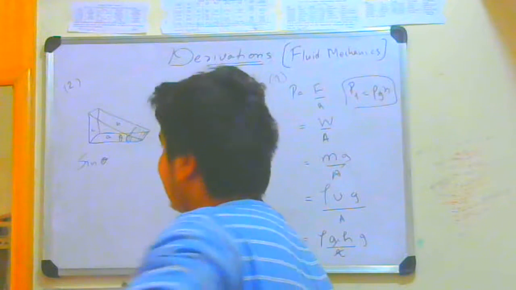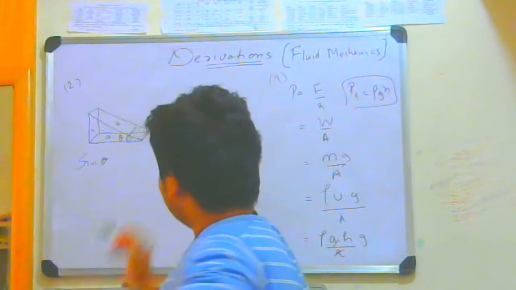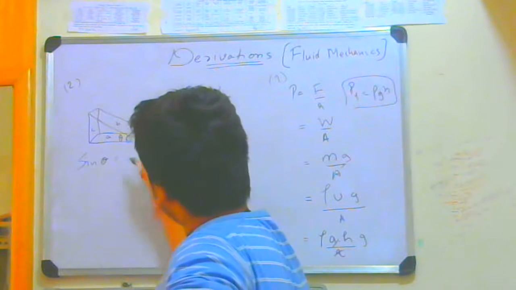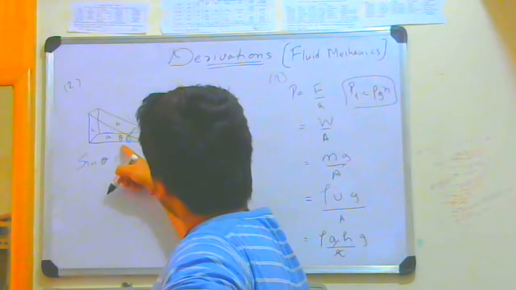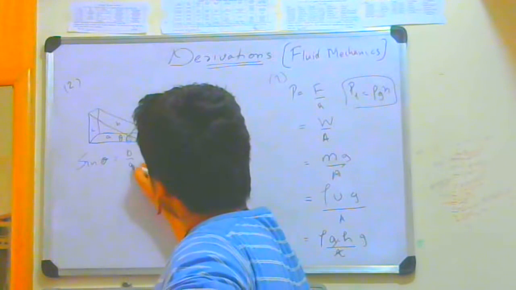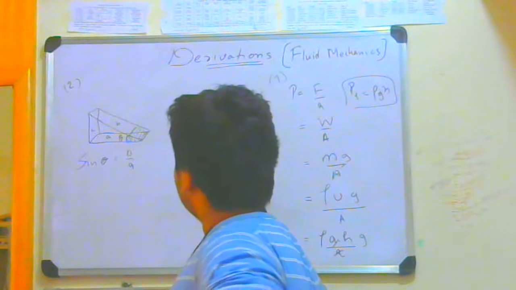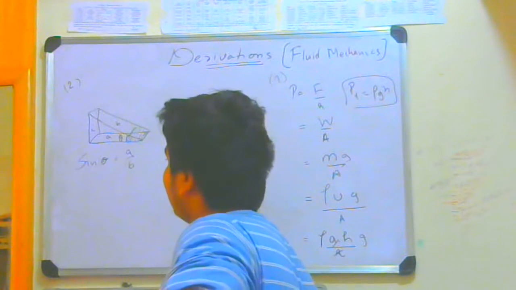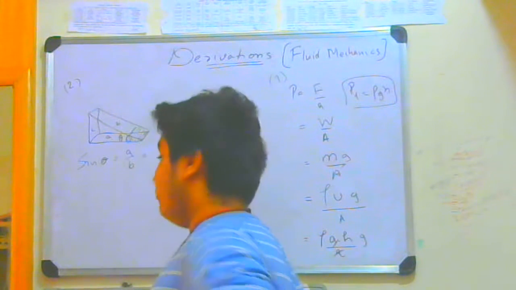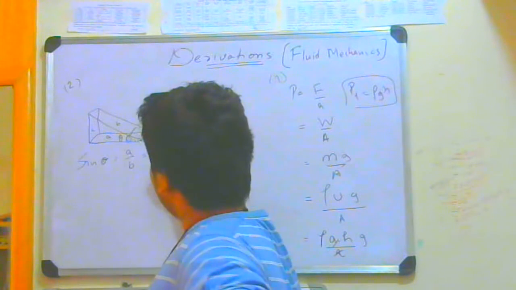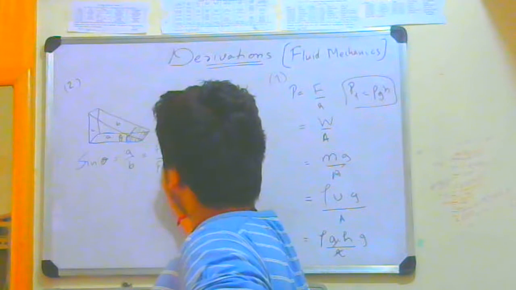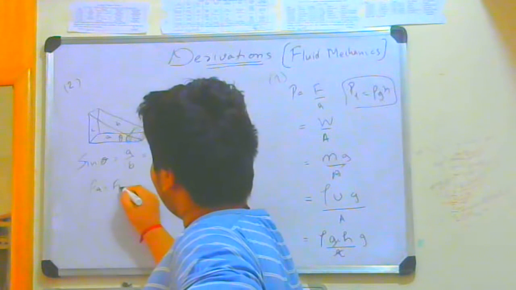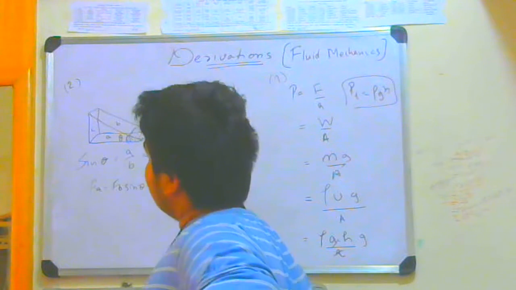So sin theta in terms of force, sin theta can be written as A upon B. And that is equal to forces के terms पे FA upon FB. So from there I can say FA is equal to FB sin theta.